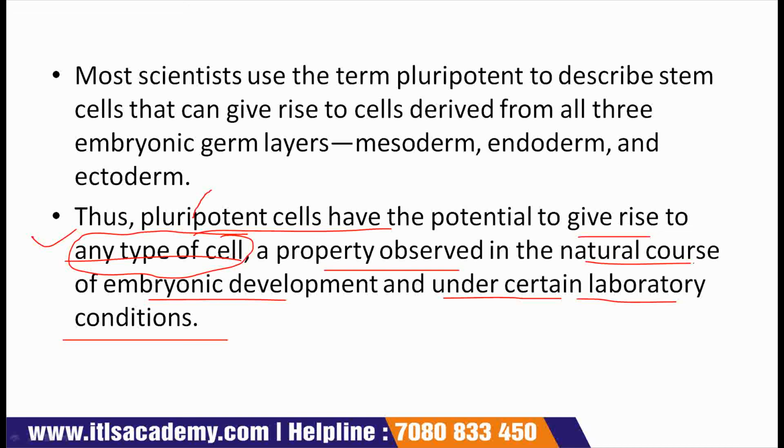Pluripotent cell, another example is multipotent. This is sometimes confused with pluripotent cells. Multipotent cells are not the same as pluripotent stem cells. Multipotent stem cells are different from the pluripotent stem cells, although sometimes they are considered as the same cells.